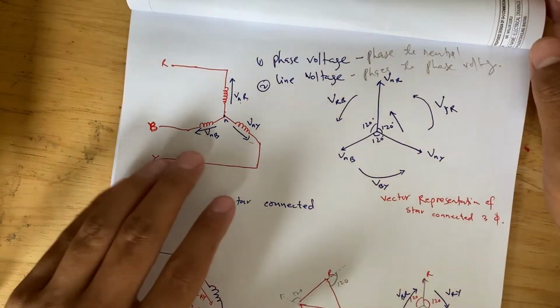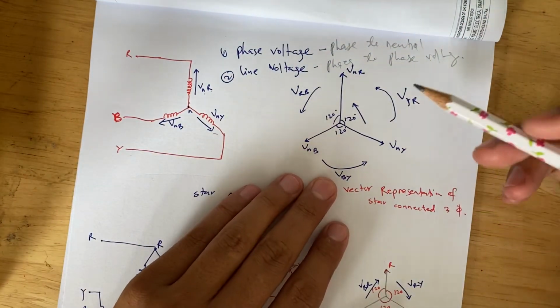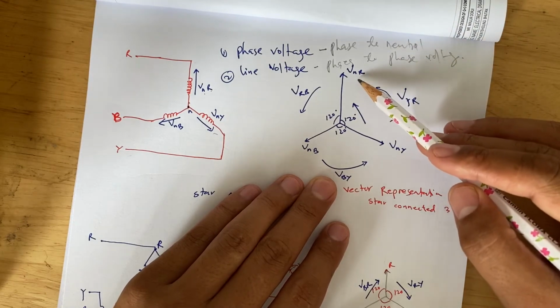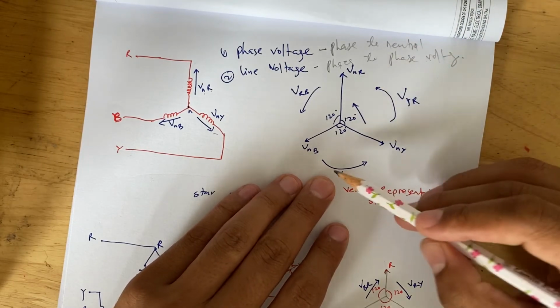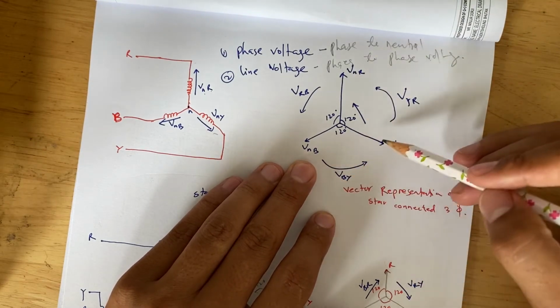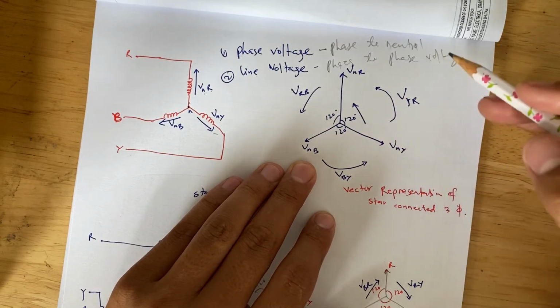Now if we represent this in vector form, we can write it like this. Here we have the phase voltages V_NR, V_NY and V_NB, and each phase is displaced by 120 degrees.